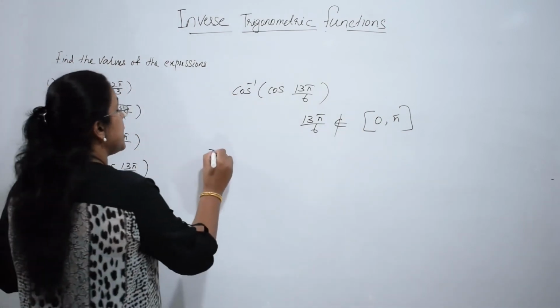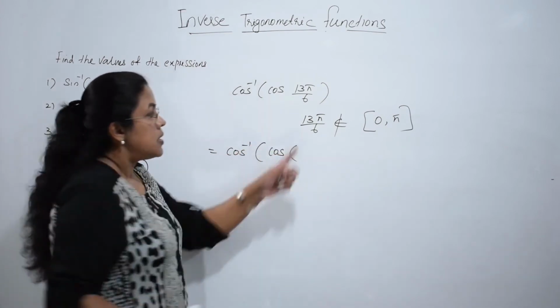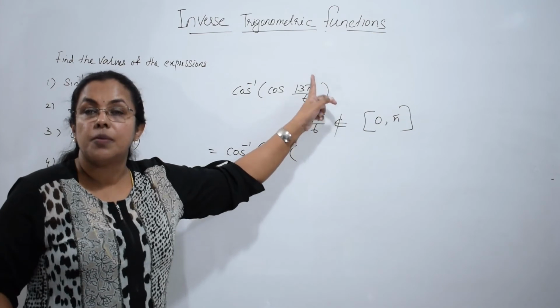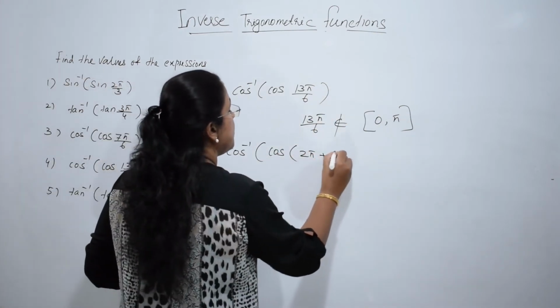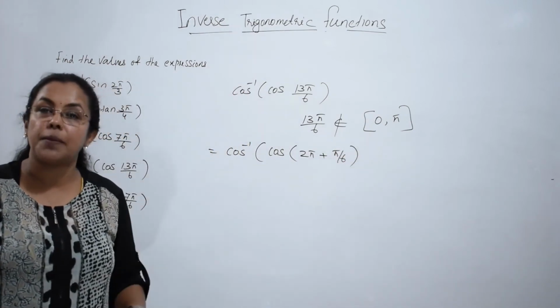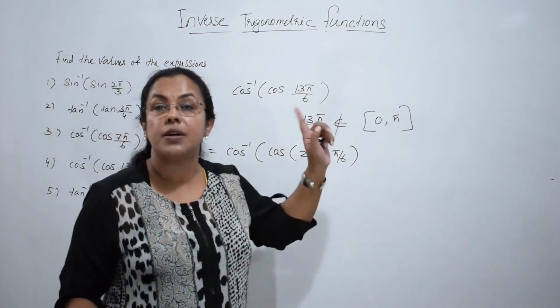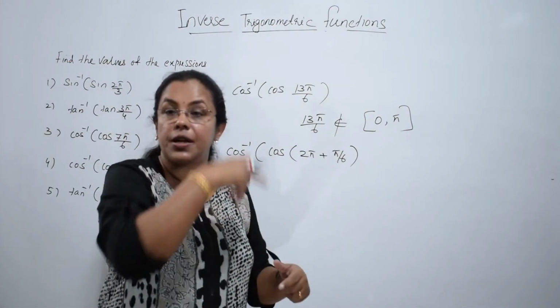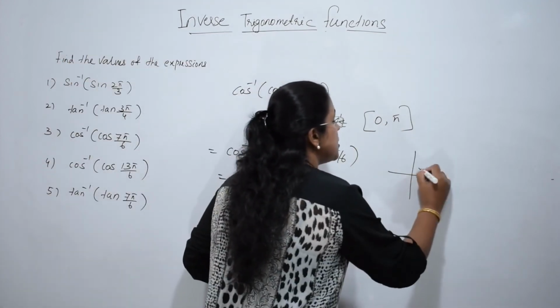So we have to rewrite it as cos inverse cos, 6 2s are 12 plus 1, 13. We can write it as 2 pi plus pi by 6. In which quadrant will it lie? In the first quadrant. 2 pi means 1 complete rotation, plus pi by 6 means first quadrant.